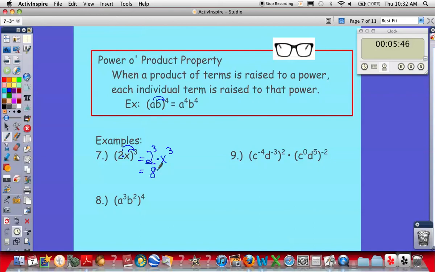It becomes 8 times x cubed. Number 8, same thing. We have 2 powers in here, a cubed, b squared. We need to multiply our 4th power in there, and we get a to the 3 times 4 is 12, times b to the 2 times 4 is 8.